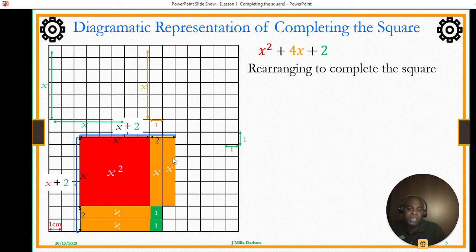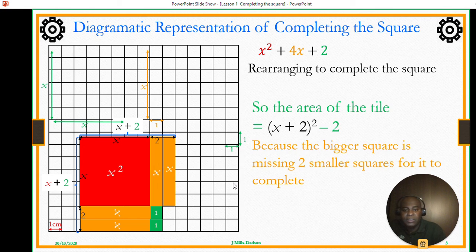So to work out the area of this shape that I've created, I just need to work out the area of the full complete square. Then I take away the 2 units that are missing. So the area of this shape that I've created is simply x plus 2 squared minus the 2 units that are missing.